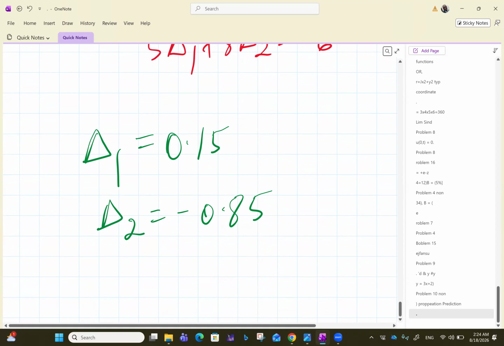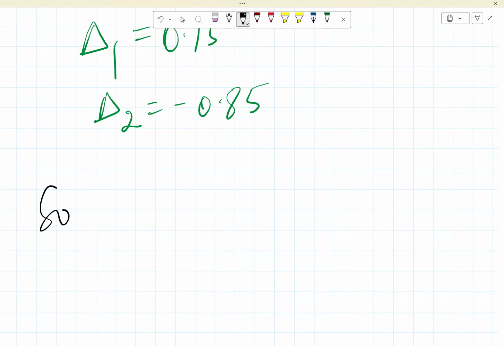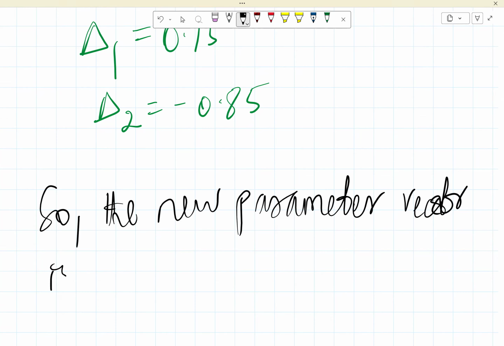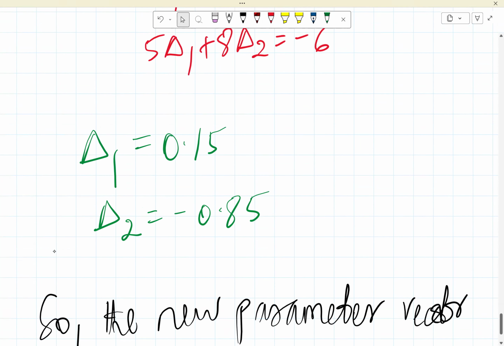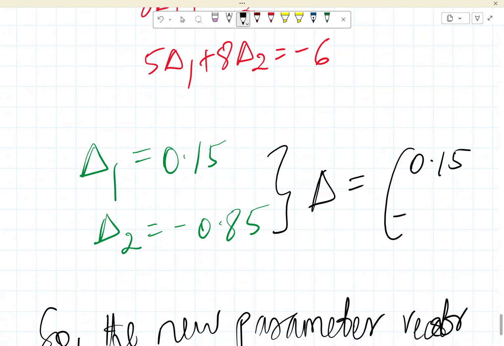So at the end of the day, we can then conclude that the new parameter vector is, of course, this simply implies that we have delta equal to 0.15 minus 0.85, like this.